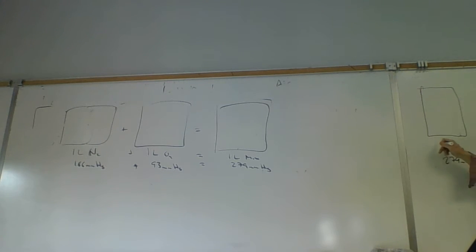And so how many liters of nitrogen is that to give me 279 millimeters of mercury? Maybe this is too advanced.